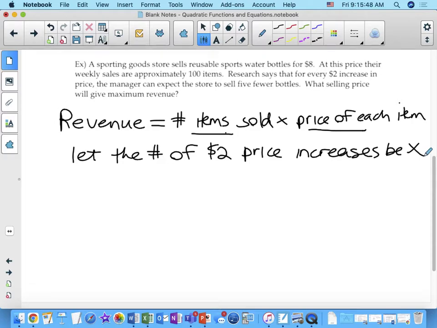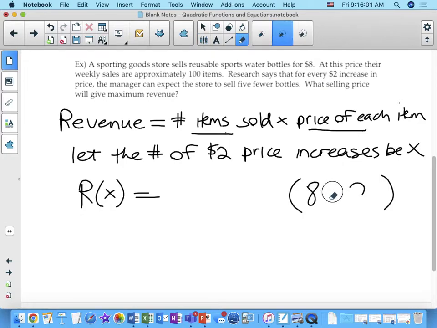So this piece is 8 plus 2x. It's 8 plus 2 times the number of times I increase the price.